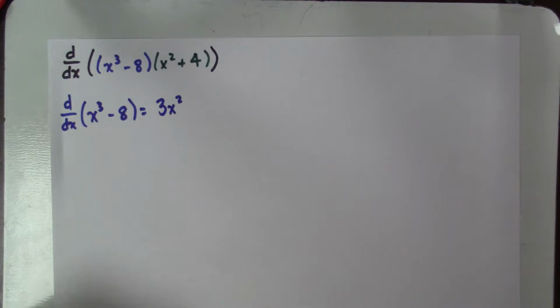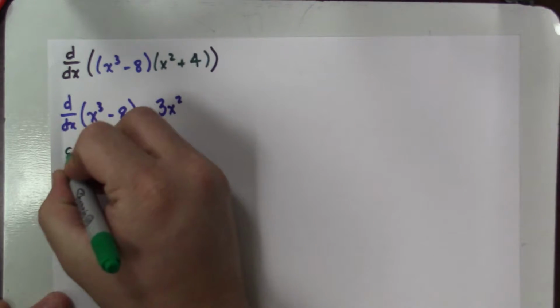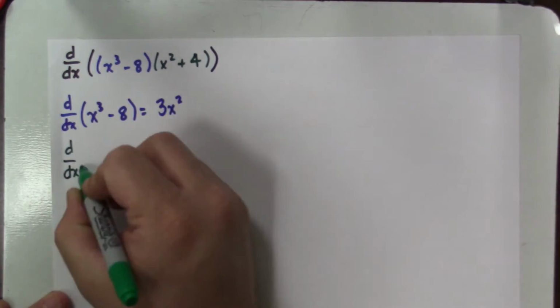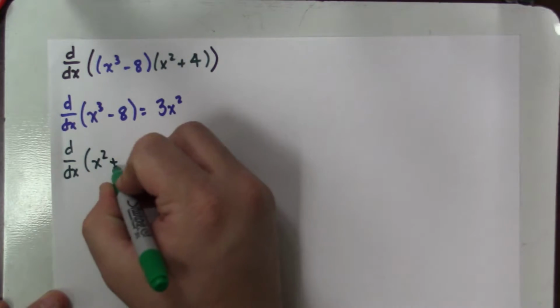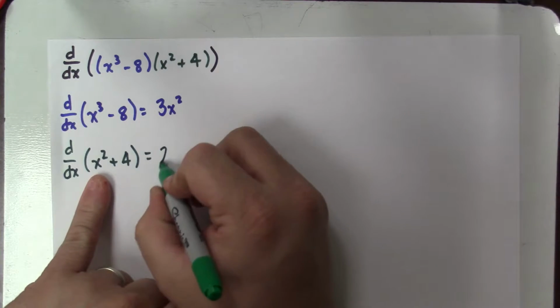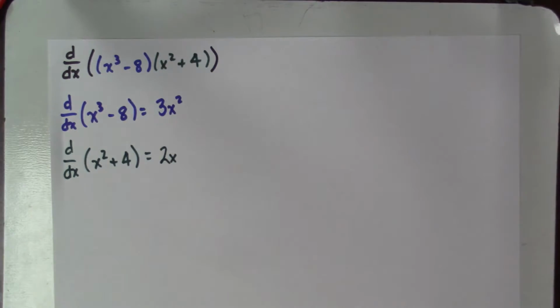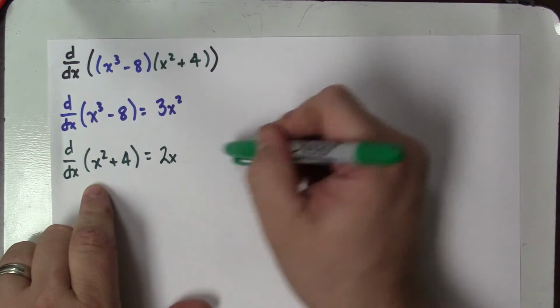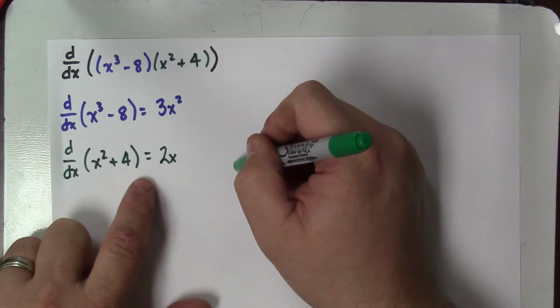So I'm done with it. It's just 3x squared. And the derivative of x squared plus 4 is just 2x, because 2 becomes the coefficient, subtract 1 from the power, and then the derivative of 4 is 0.